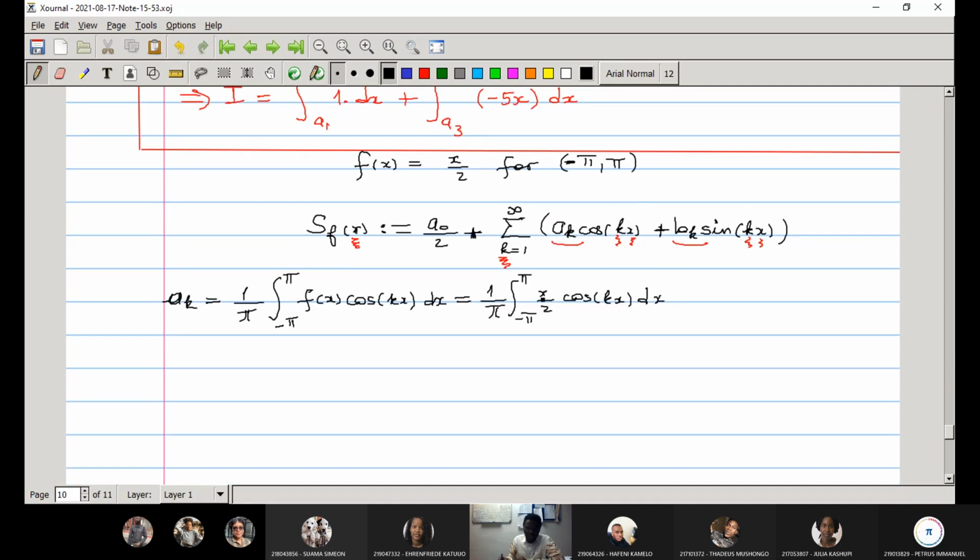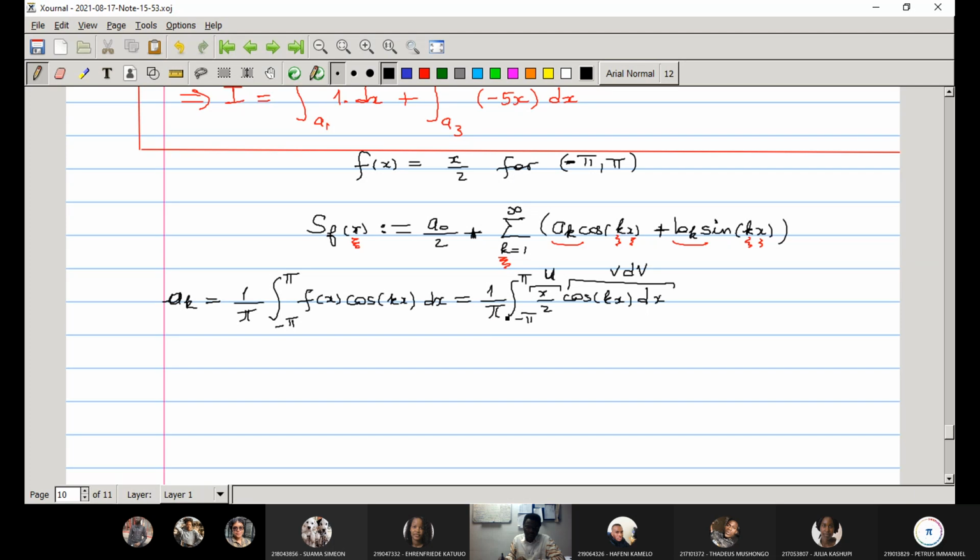Now, integration by parts. Since this is x, I will lower the power by differentiating, and I will integrate the other factor, and then I will have a simple expression. So this is my u, and this is my dv. Of course, this is a constant, 1 by pi.